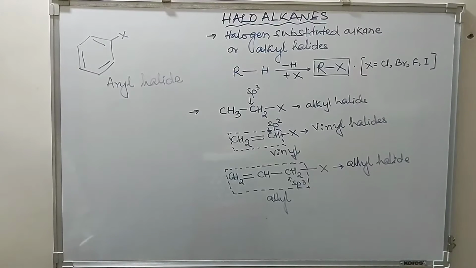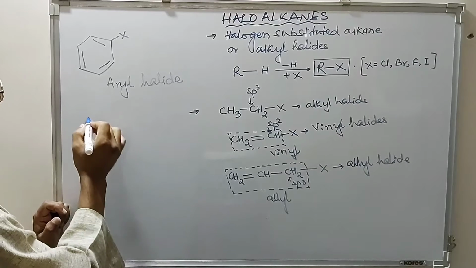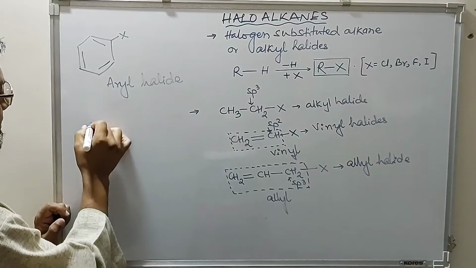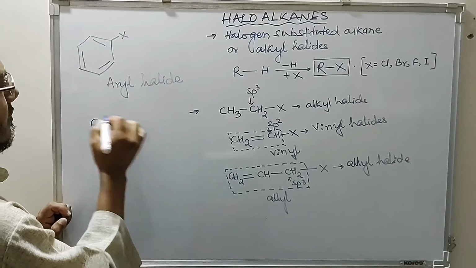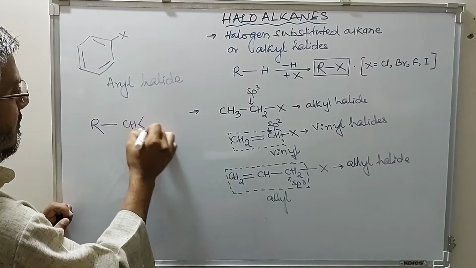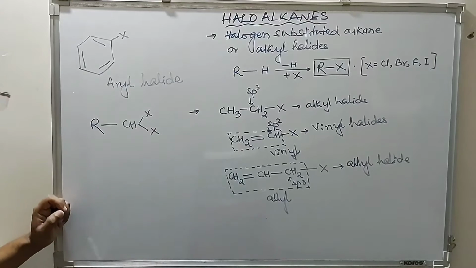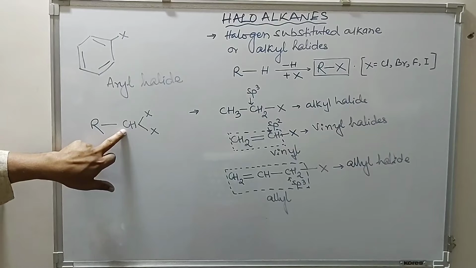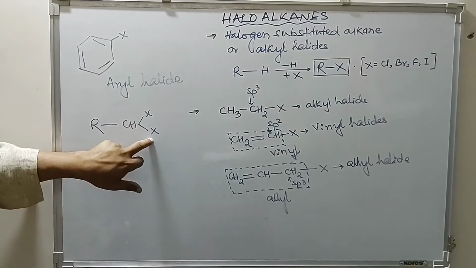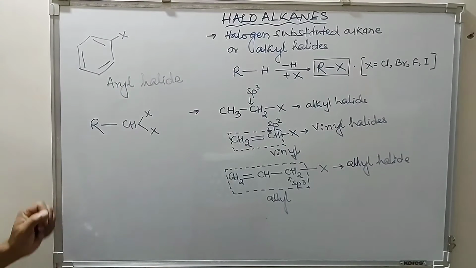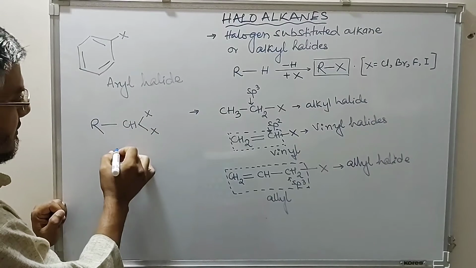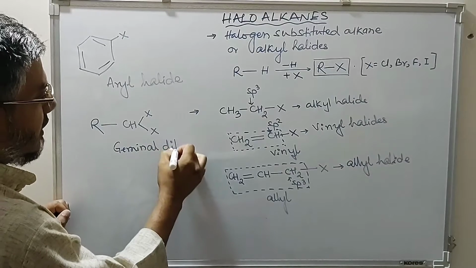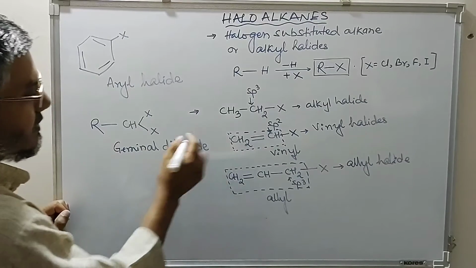Or we may also have, look at this, suppose we have this group. If two halogens are bonded to the same carbon atom, this is the carbon, and in this carbon two halogens are present, then we say this is a geminal dihalide, a geminal compound.